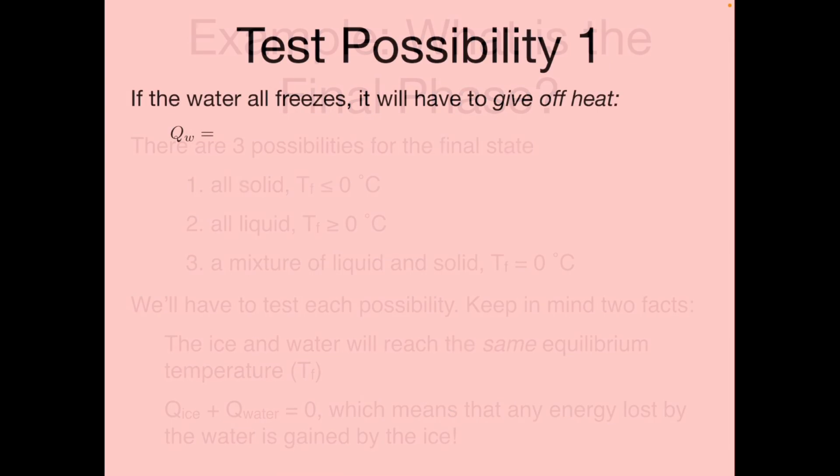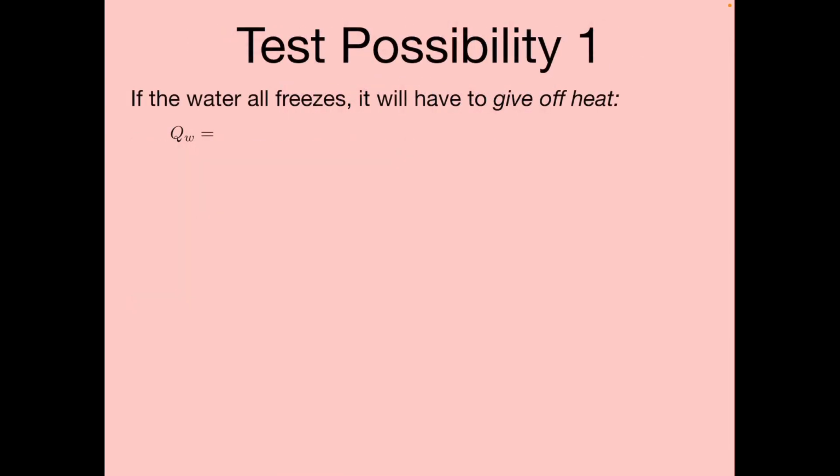Okay? So let's start by testing out possibility number 1, which is that at the end of this process, it's all solid ice. That means all of the original liquid water is going to have to freeze. If it's going to freeze, it's going to have to give off a bunch of heat. So what is the heat that the water will have to give off in order for all of it to freeze?